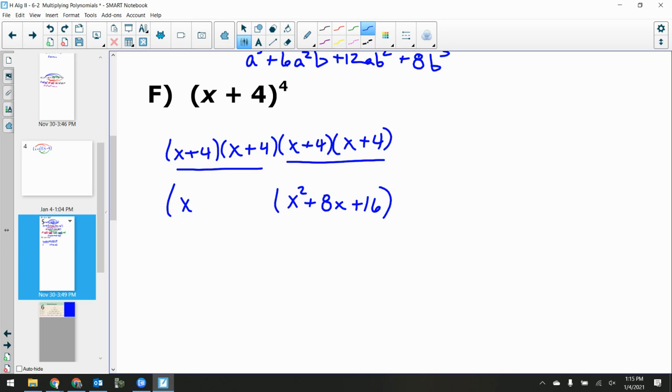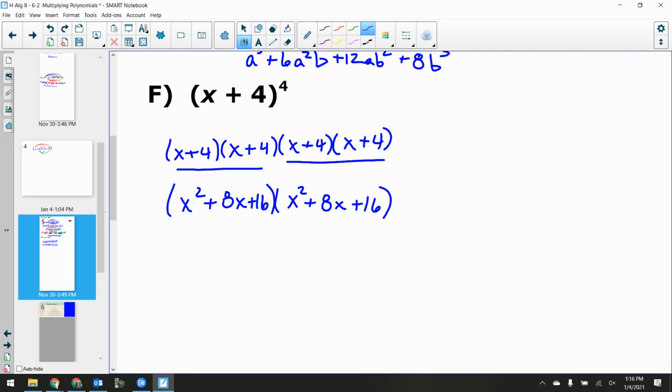Quick math. I'm going to start just combining like terms right away. I don't want to write out the plus 4x plus 4x. The shortcut is if you've got a binomial squared, you can just square the first, square the last, and double the product. That's a quick way to FOIL something with two terms squared.